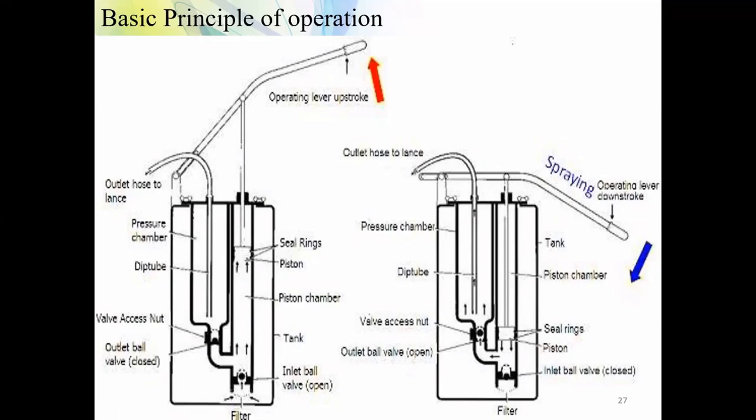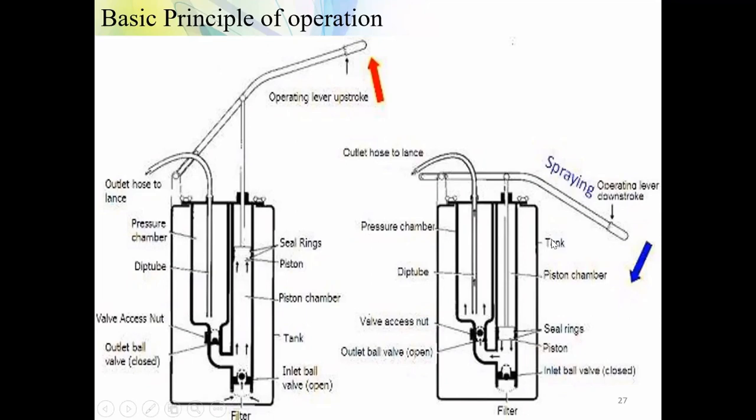So the volume of the piston chamber is increasing, and while the volume increases, the pressure is decreased. By that pressure difference, the inlet valves open, so the chemicals in the chemical tank flow inside the piston chamber.